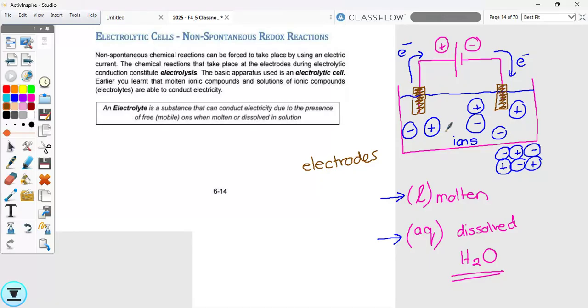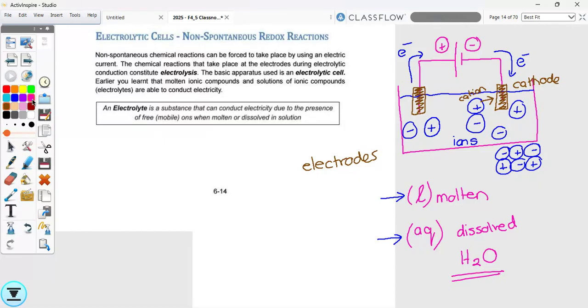So if you remember back, you called the ions cations and anions. What were the positive ones? Cations. And where will the positive ions be attracted? To the negative or the positive? To the negative. So the cations are attracted to the negative electrode, and therefore we're going to call this electrode the cathode, because the cations are attracted to the cathode.